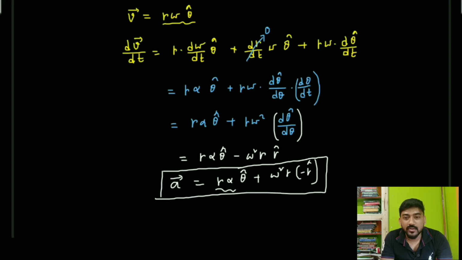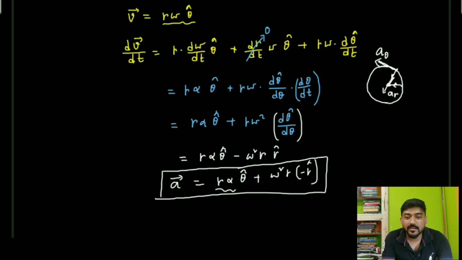Now if you draw the circle, you will find that two accelerations are there. At any point, one is along the radius and another is along the tangent. So r alpha is along the tangential direction, that is along theta cap, which you can write as a t or a theta, and along this direction you will get ar.